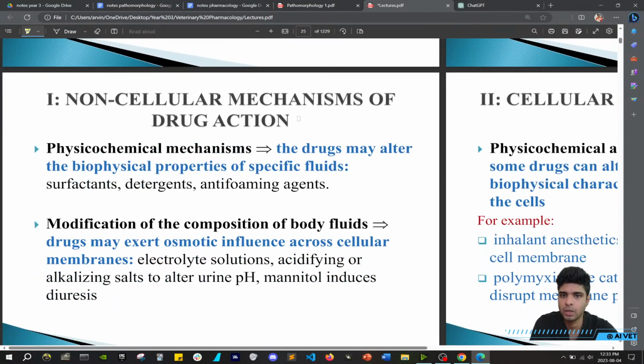And then some more non-cellular things. Physiochemical: drugs may alter the biophysical properties of specific fluids, such as surfactants, detergents, and anti-foaming agents.